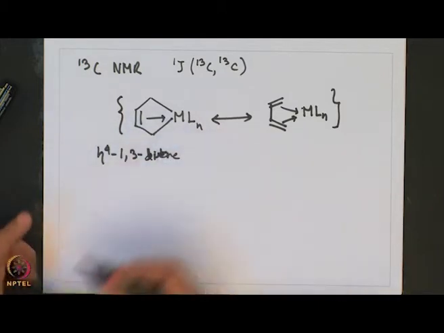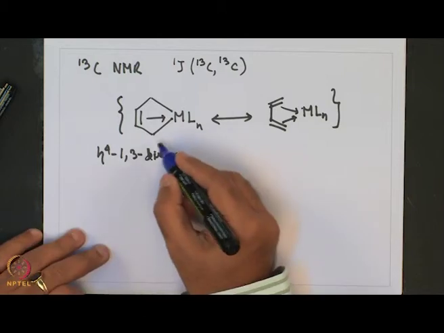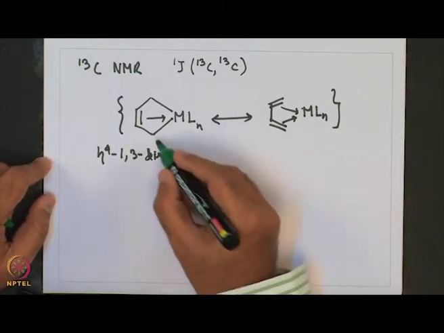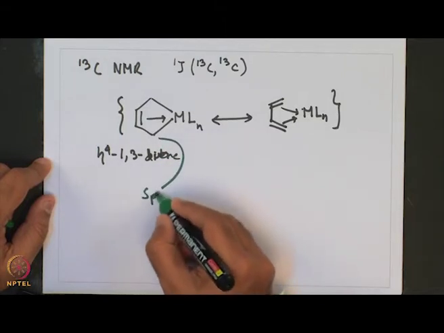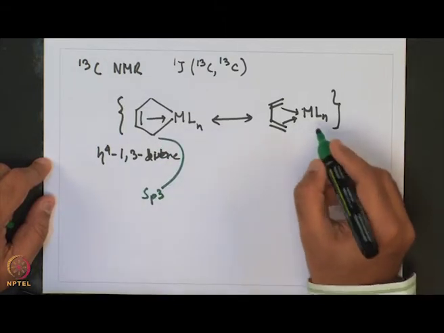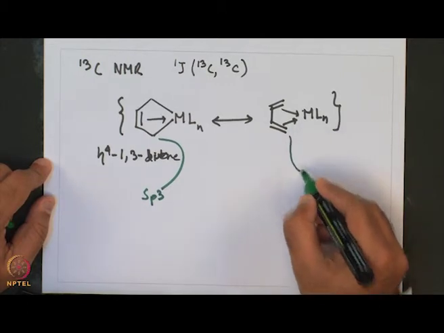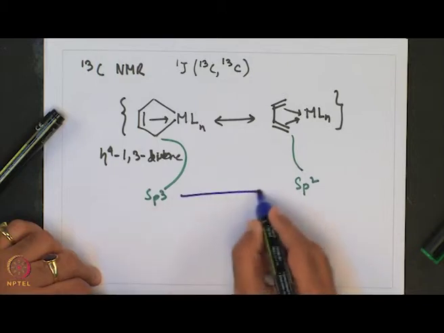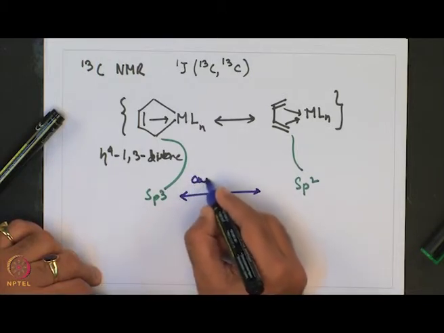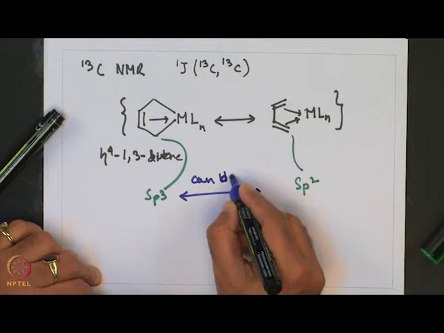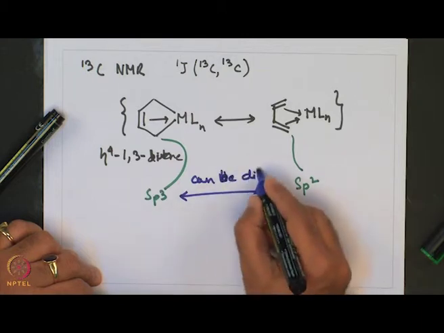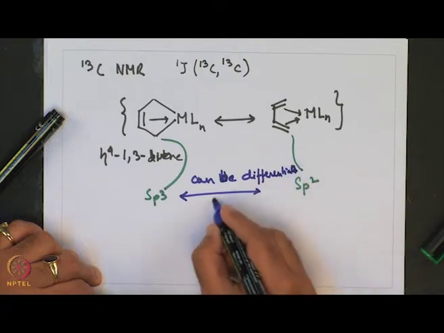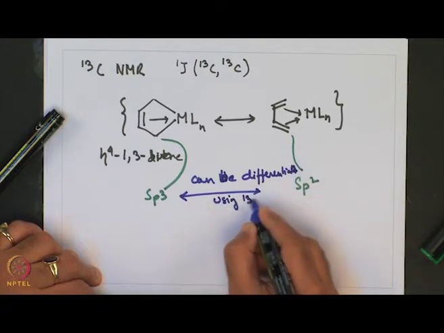If in this structure the terminal bonds are sp3 type, and in this structure the terminal bond is sp2 type, they can be differentiated using 13C NMR.